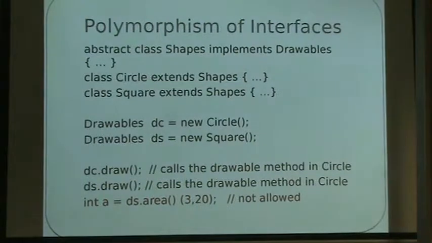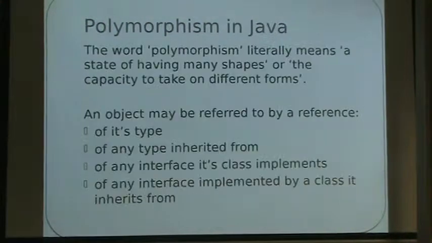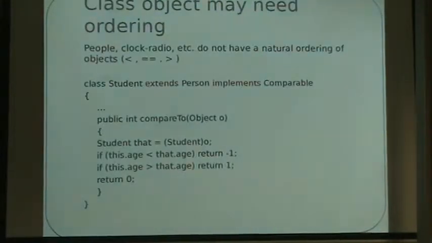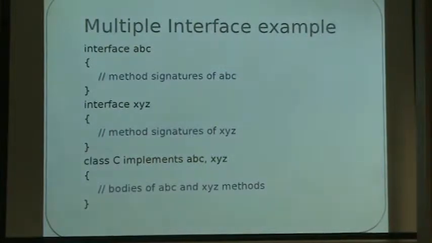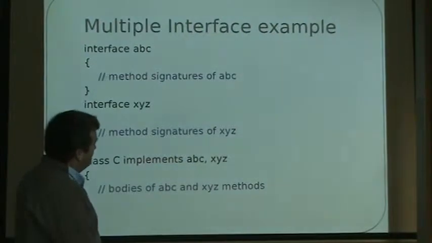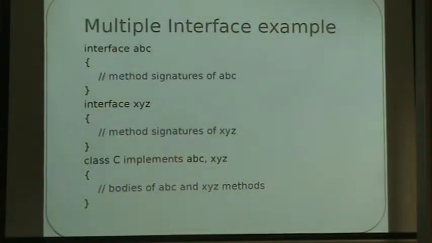Okay. So yes, anyone have any questions about the interfaces? I think the gist of it is basically why were interfaces added to the language? Why does C++ not have interfaces? It's because C++ has multiple inheritance.